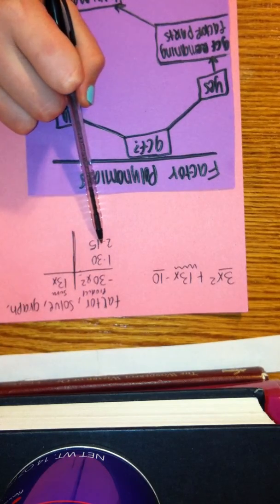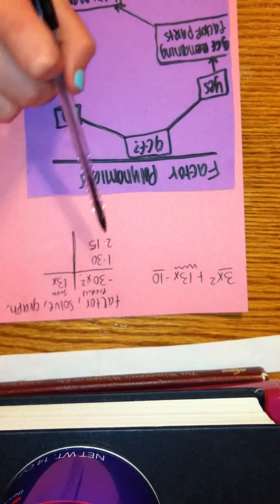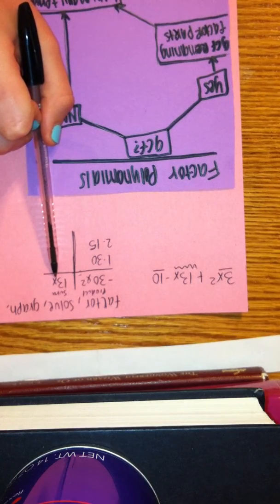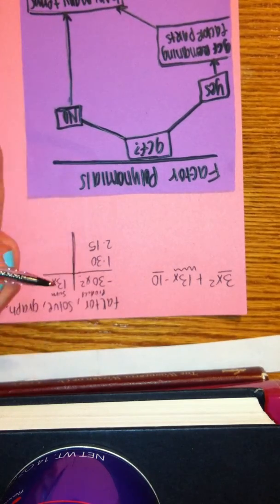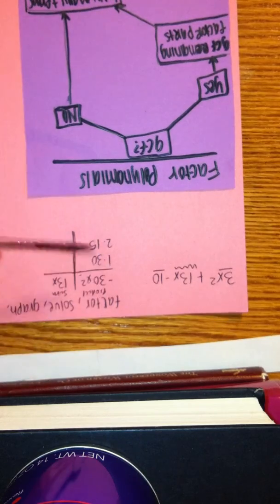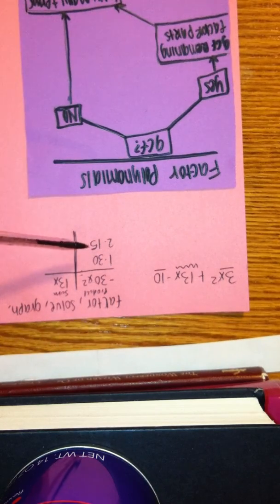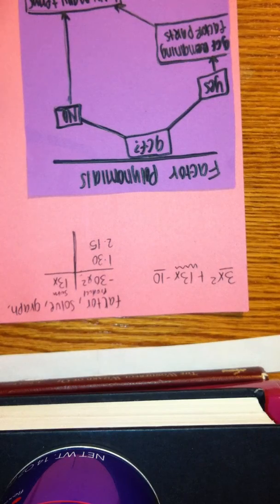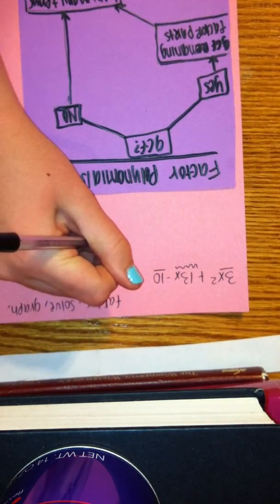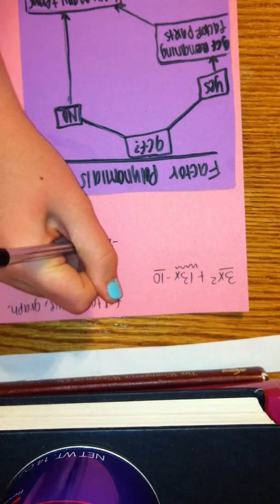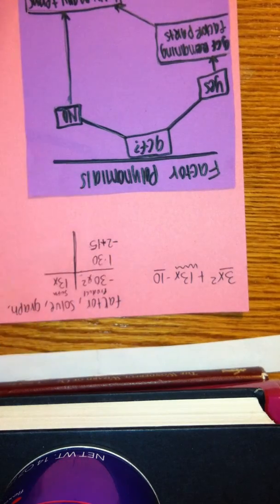So now you're going to look, and you want your sum to be 13. With these two numbers, you can make them do whatever you want. You can make the 2 a negative, you can make the 2 a positive, you can make the 15 a negative, you can make the 15 a positive. So I'm going to make this 2 negative and this 15 positive.